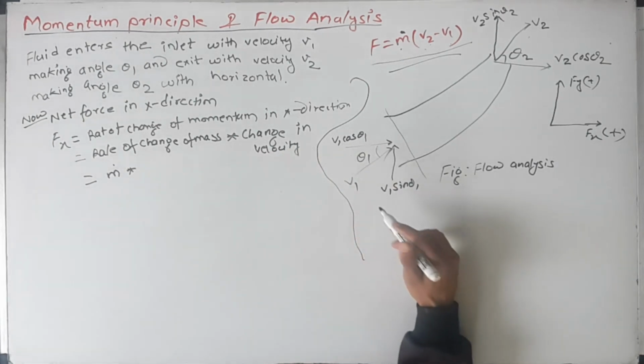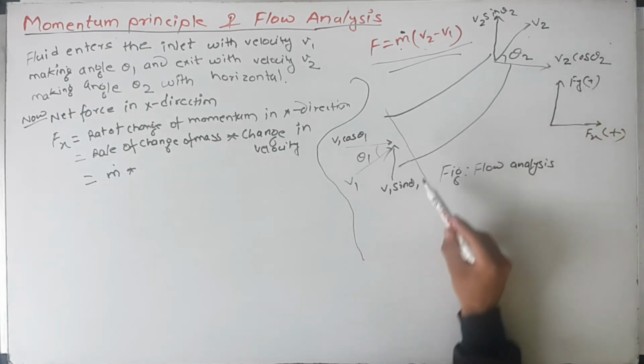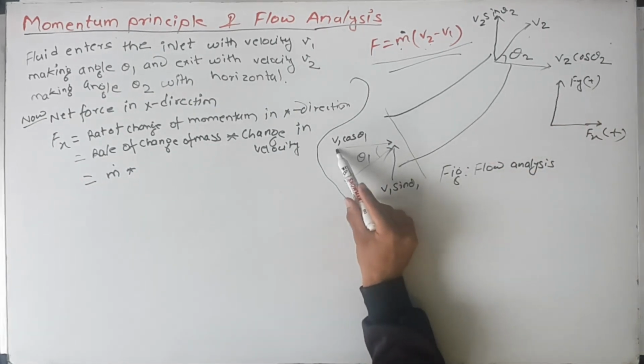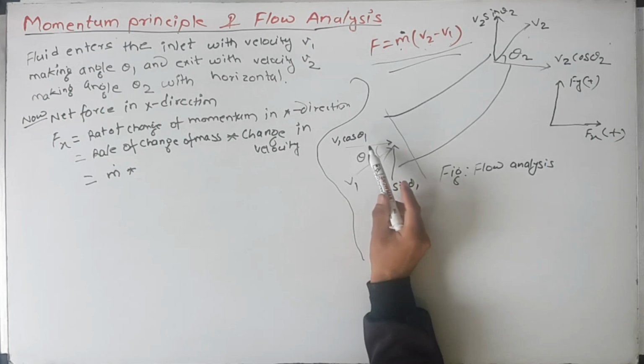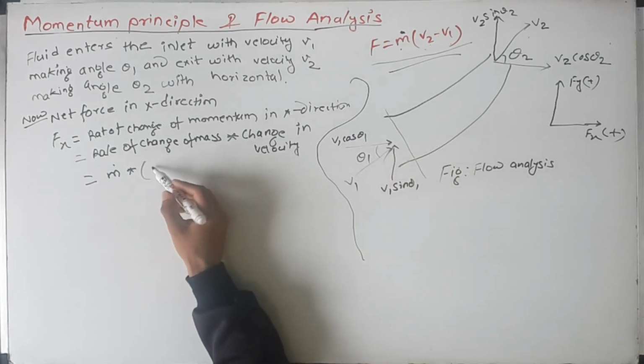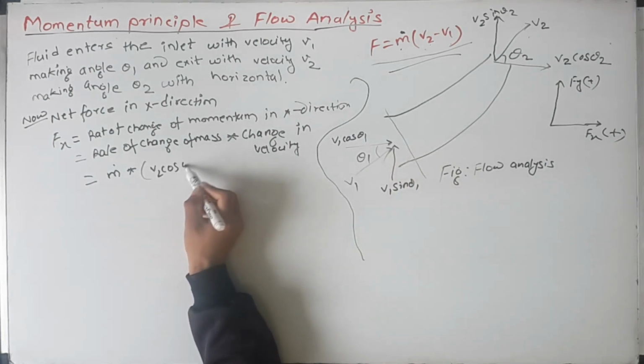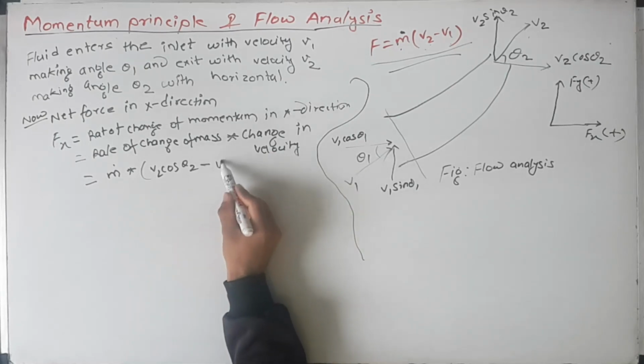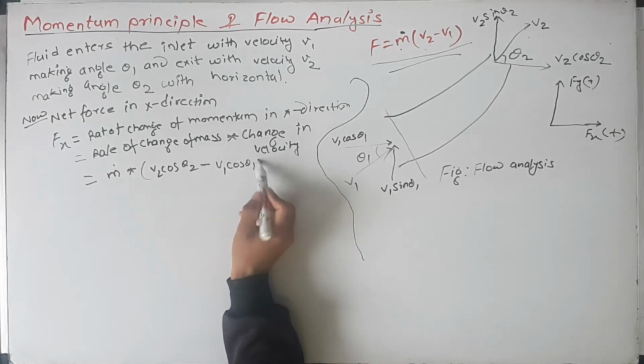In x direction, we have final velocity v2 cos theta2 and initial velocity v1 cos theta1. So the final velocity v2 cos theta2 minus initial velocity v1 cos theta1.